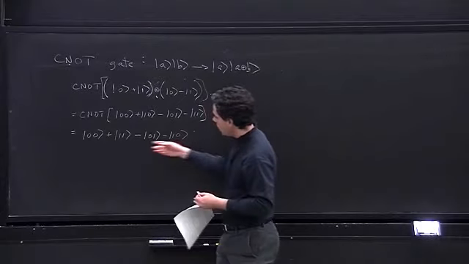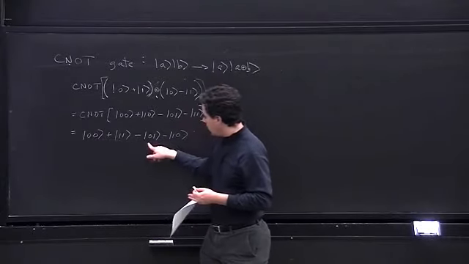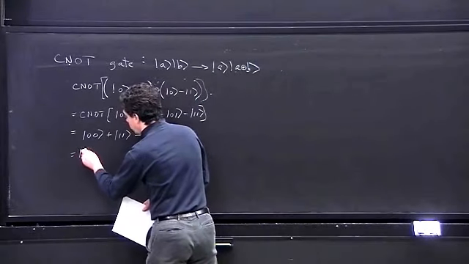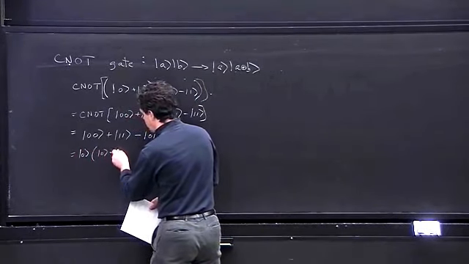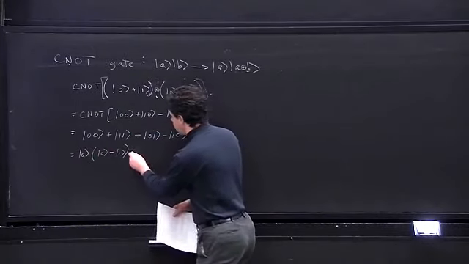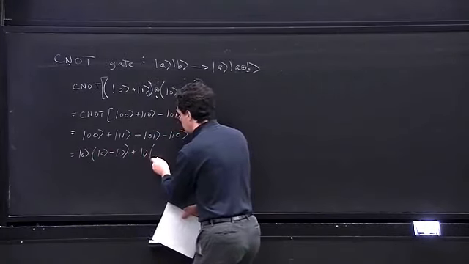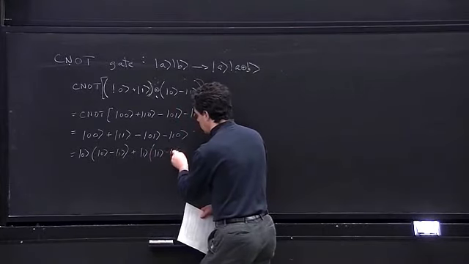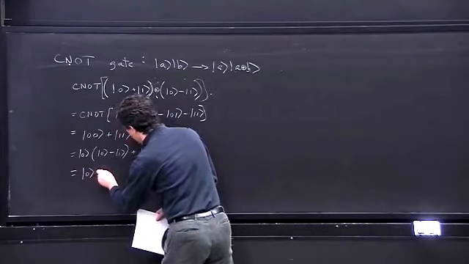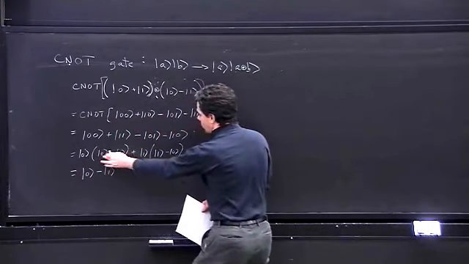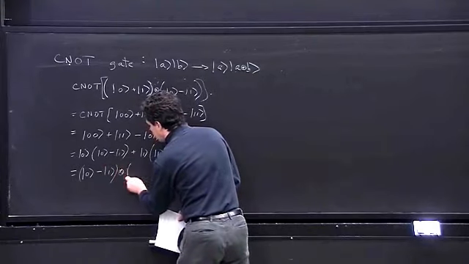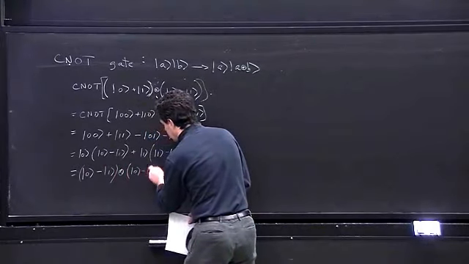And now we can reorganize this by capturing the 0 here. So we get a 0 times 0 minus 1, and then plus 1 times 1 minus 0, which can again be written as 0 minus 1, because we have 0 minus 1 here and 1 minus 0 here, tensor 0 minus 1.